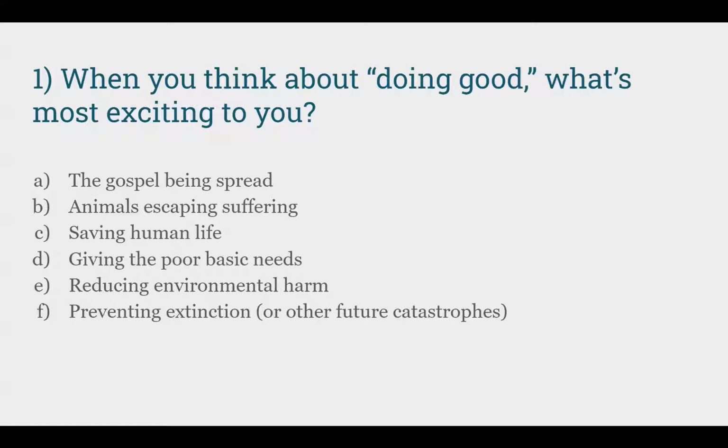We think of evangelism, animals escaping suffering, saving human life, giving the poor their basic needs, reducing some kind of environmental harm, or preventing extinction or some other future catastrophes. So I want you to answer what you personally find most exciting in kind of a warm, fuzzy way. Not what you think is most important, but what gets you emotionally or just personally the most amped to do good in the world.